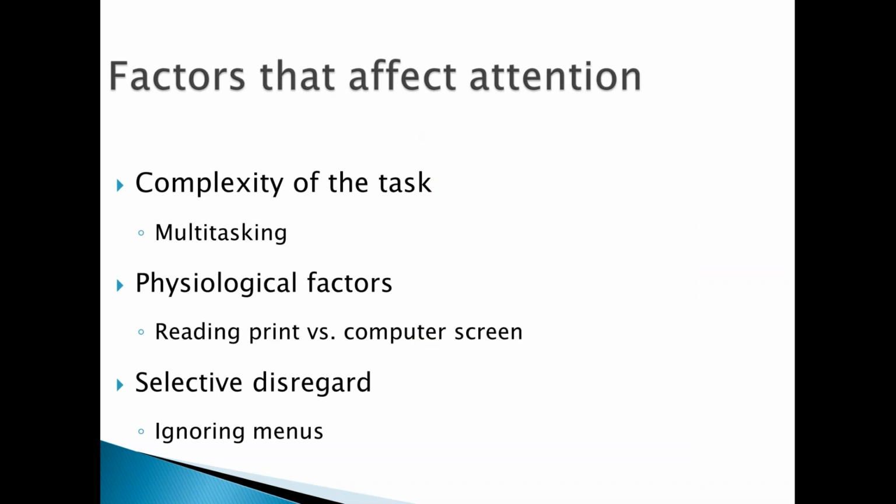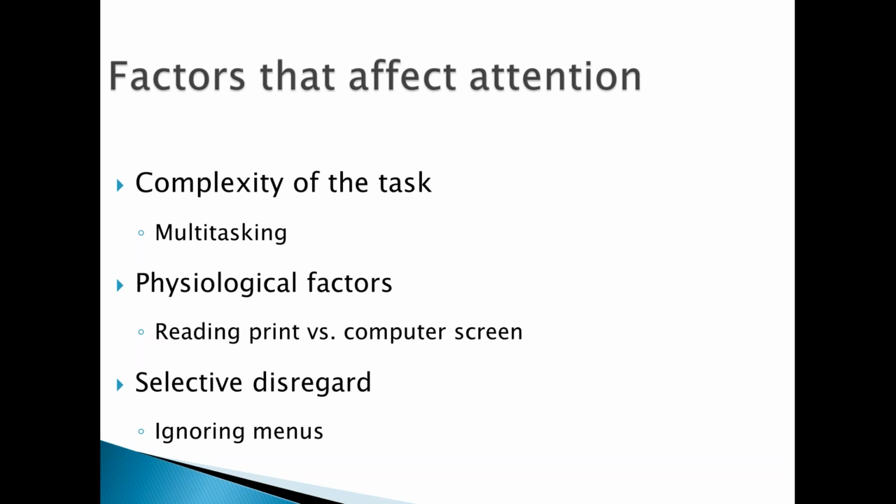So there are certain factors that affect attention. So the complexity of the task. If users have to multitask, that's not good. This is just an example, but if they come to a website and you have a lot of things popping up at them, or you have videos playing right away, or avatars that just pop up and start talking to you, they're having to multitask.